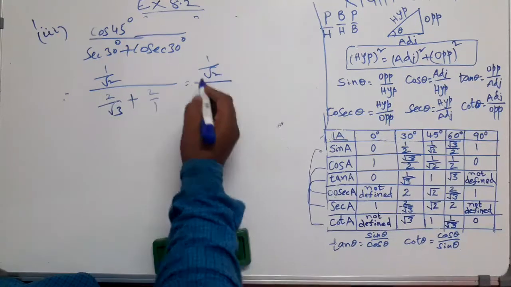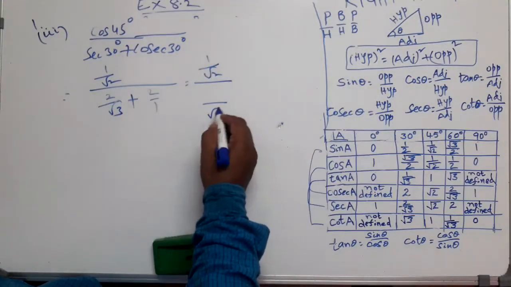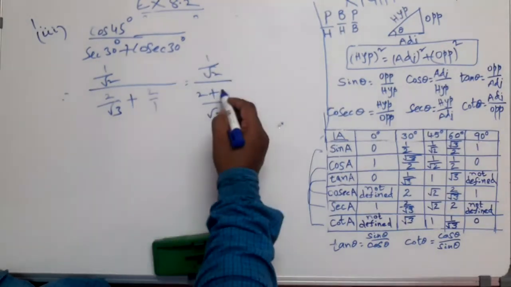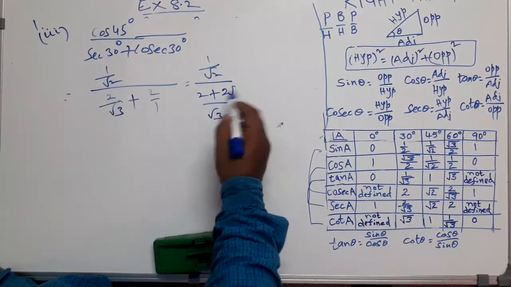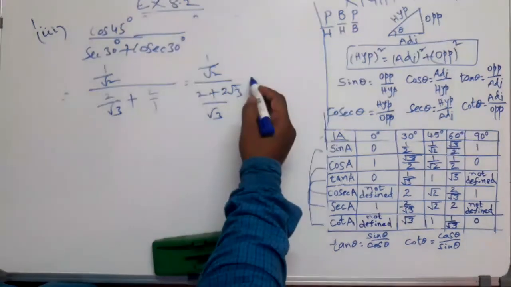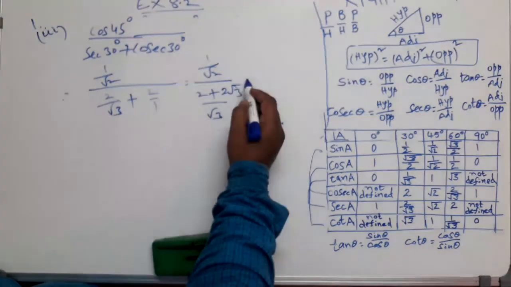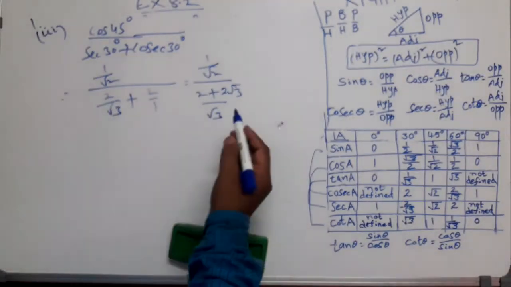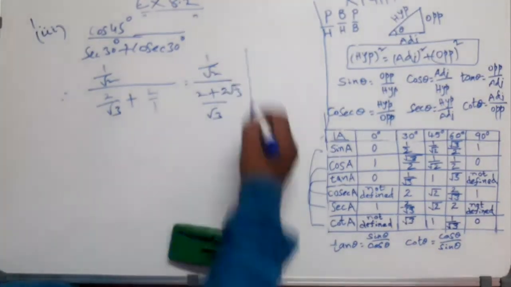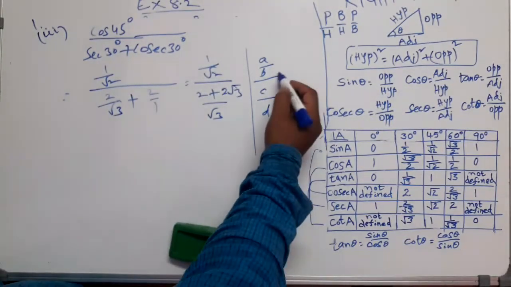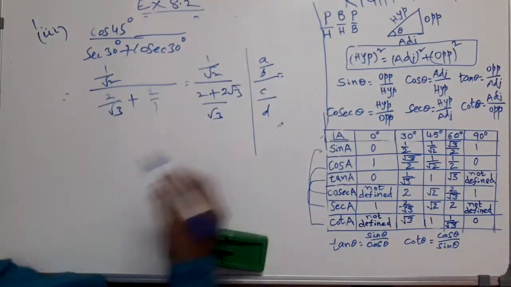This is 1 by root 2 divided by, what is the LCM here? Root 3. The numerator is 2 plus 2 root 3, right? Of course. So how shall we simplify this further? See, this is of the form A by B divided by C by D, right? How can I write?